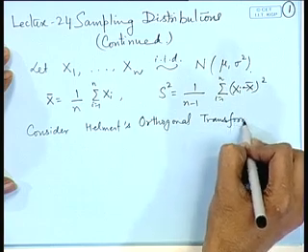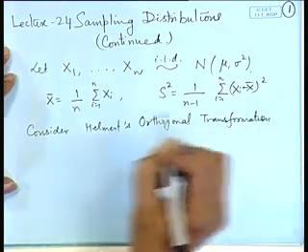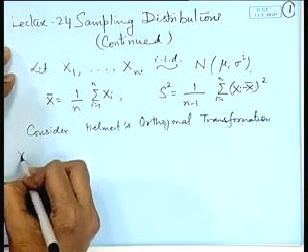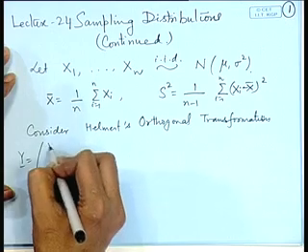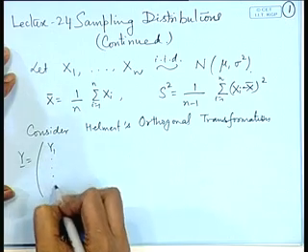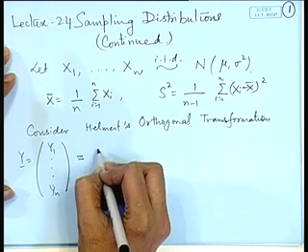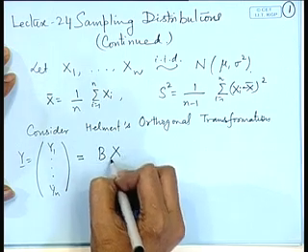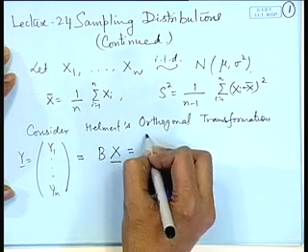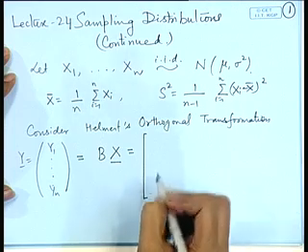Now, this is a special transformation given in the following fashion, that we define y equal to y1, y2, ..., yn as Bx, where B is the matrix of coefficients.